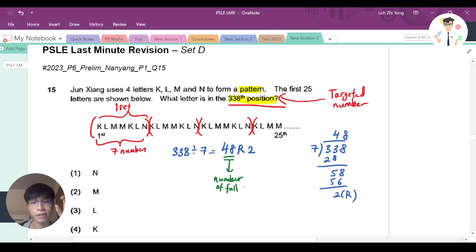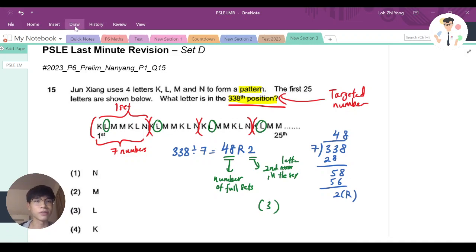Then I have an extra 2 more, which is K and L. And I know that 338 is the second letter in the set. And you can see, what is the second letter? Basically it is L. That's why the answer is option number 3, which is L.